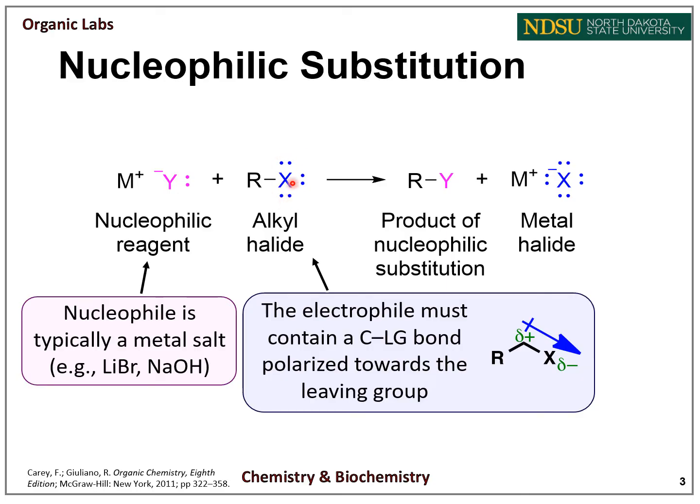In this case, our leaving group is this halide here. So this reacts. The electrons from the nucleophile attack the electrophilic carbon, and that displaces this halide ion, giving us our products of the reaction.